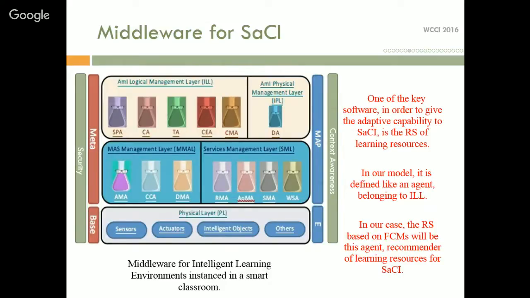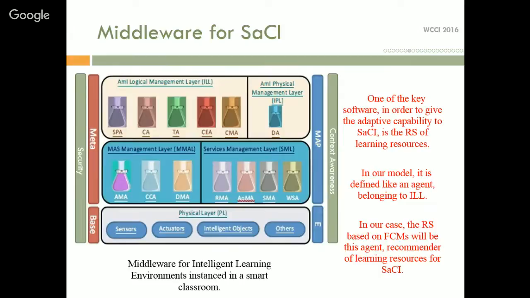This is a type of middleware for one smart classroom, and normally one recommender system belongs to the first level where we define the different devices. That means the intelligent objects, but also where we define the different applications, the different software that compose the smart classroom.